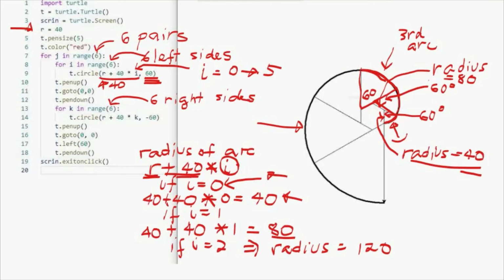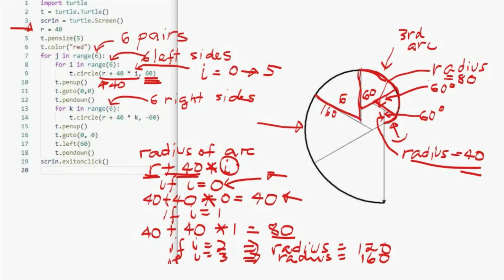And then if I is equal to 3, then the radius is 160. So where is the 160? This is the 160. This is another 160.